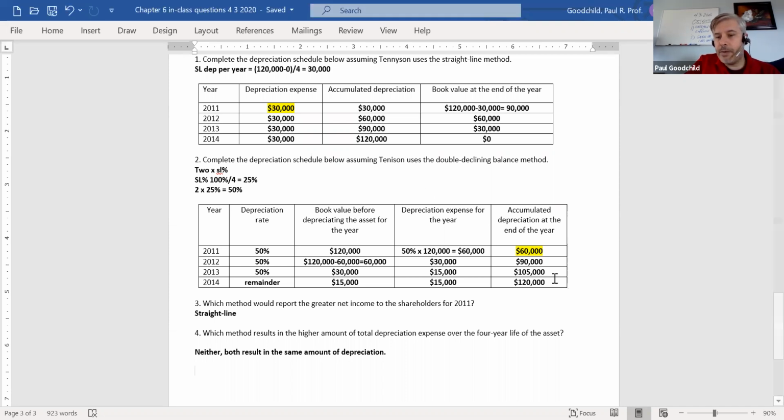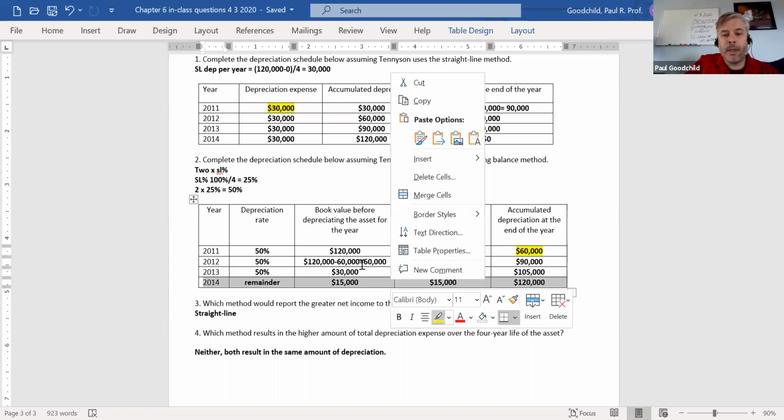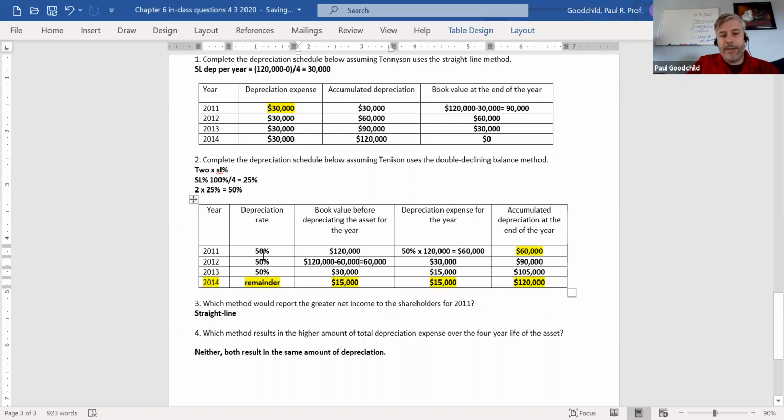All right. Their question says, can I explain the 2014 row one more time? I think we're talking about double declining balance, and so that's this row here. Note that each period for the double declining balance, we're going to be taking 50%, double our straight line rate. But we wouldn't want to take 50% in the 4th year, because by doing this, we would end up with an infinite life in the asset.